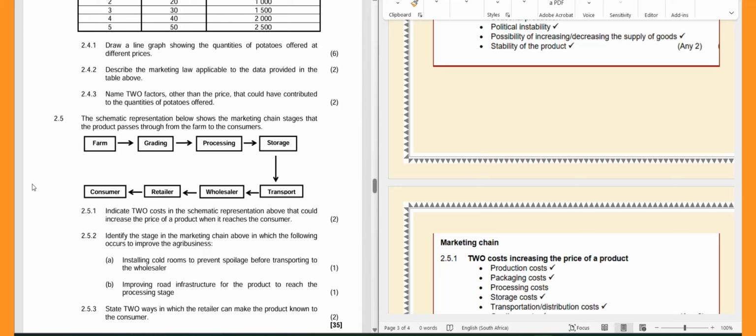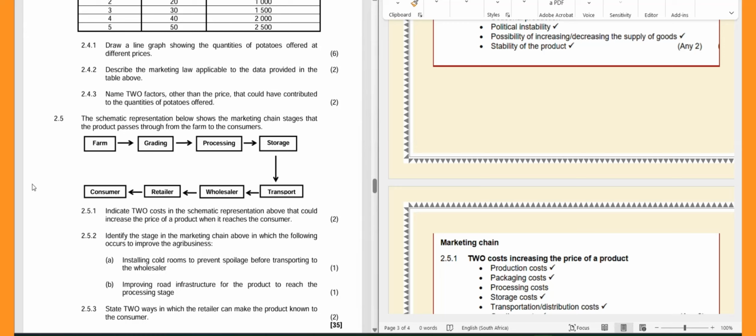Two costs. Okay. So we have transportation costs. The transportation costs will come from those trucks or buggies that will be transporting our produce from one place to another. They require money for that because they use petrol, or maybe it will be the trucks from the logistics company.